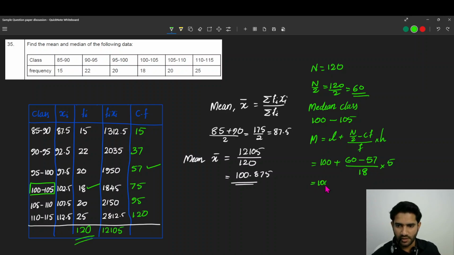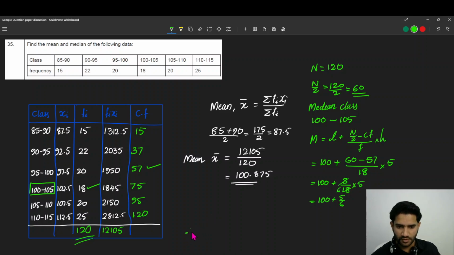So 100 plus 3 by 18 into 5. So we can divide 3 and 18 to be 6. So 100 plus 5 by 6.